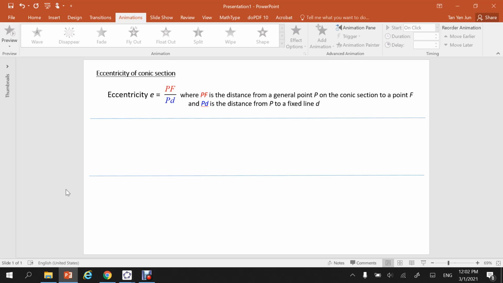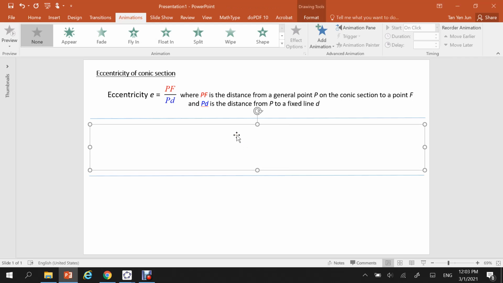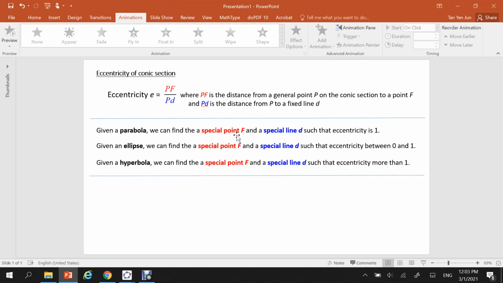Now, eccentricity is actually a ratio of PF and PD, where PF represents the distance from a general point P on a conic section to a point called F. And PD is the distance from that point P, which is on the conic section, to a fixed line called D. And the three types of conic section have different values of eccentricity.